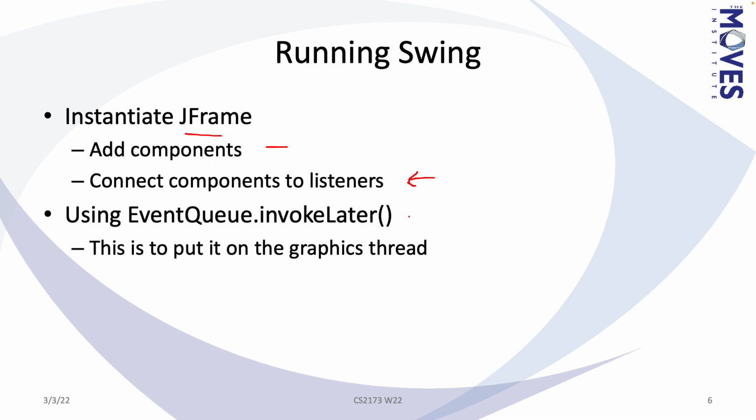But we want to make sure that the JFrame goes on the graphics queue. The way to do that is by a static method of something called the EventQueue, which is basically the graphics thread. And we say invokeLater, and that puts it on the graphics thread.